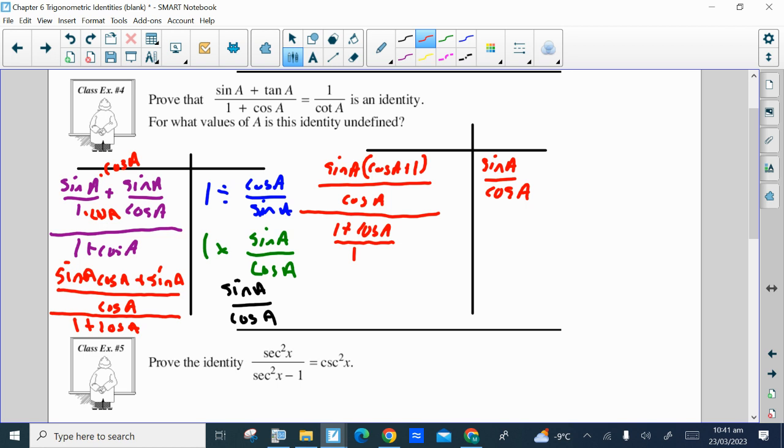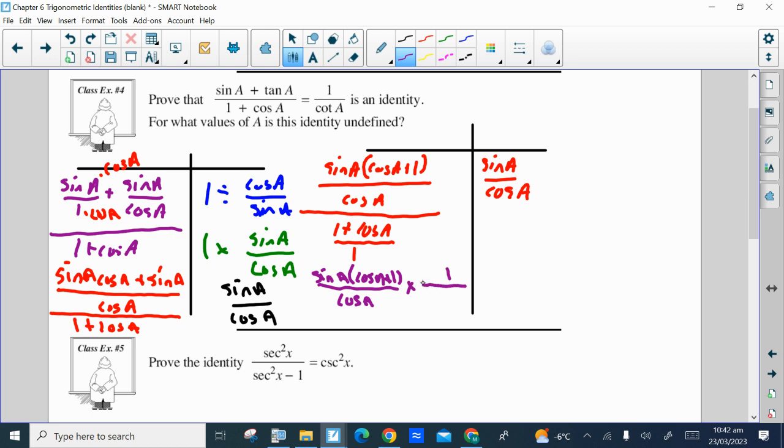We know that to divide by a fraction, you multiply by the reciprocal. We've seen that several times. So I'm going to change it to that. I've got sine A bracket cos A plus 1 all over cos A. Instead of dividing that by the fraction 1 plus cos A over 1, I'm going to multiply by the reciprocal.